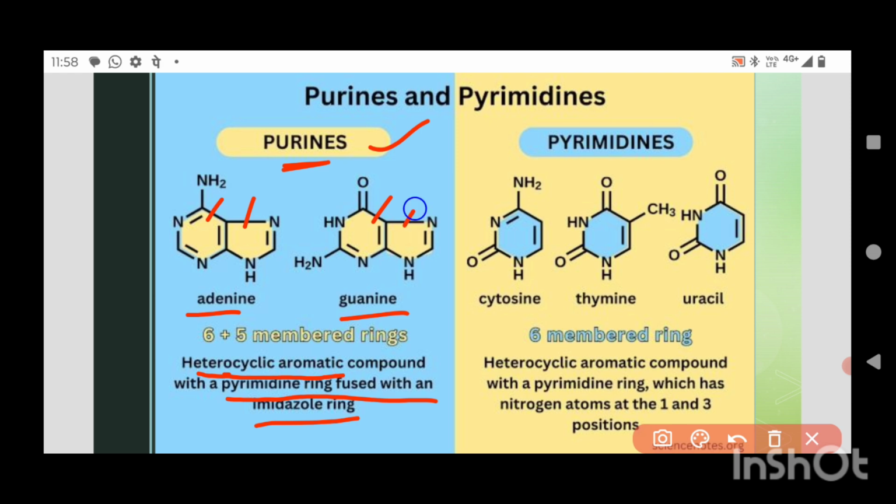But in the question it was asked which nitrogen base has a single ring structure. In case of pyrimidine bases, the examples are cytosine, thymine and uracil. And in each of the bases, there is only one single ring, which is the pyrimidine ring.